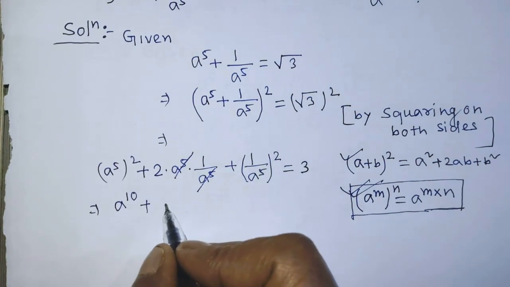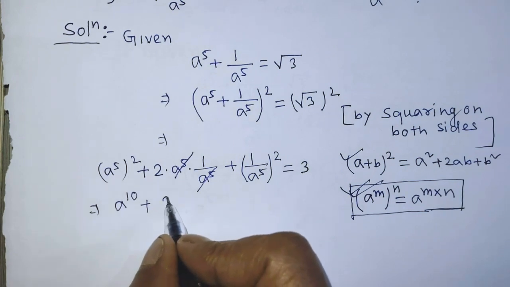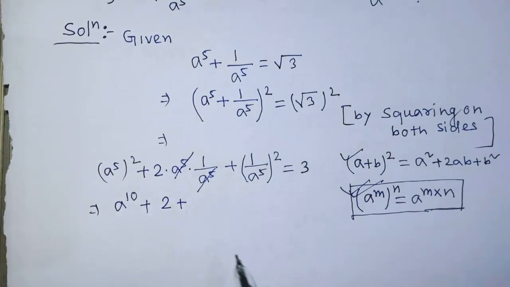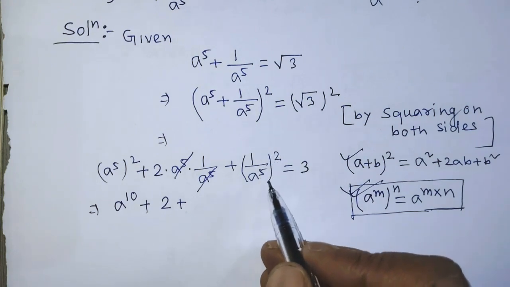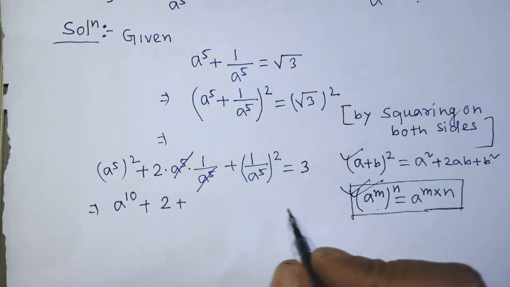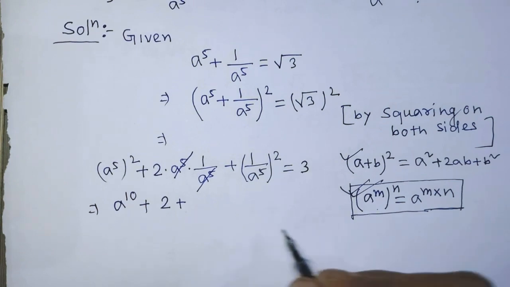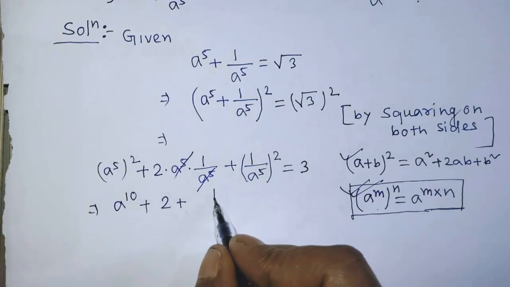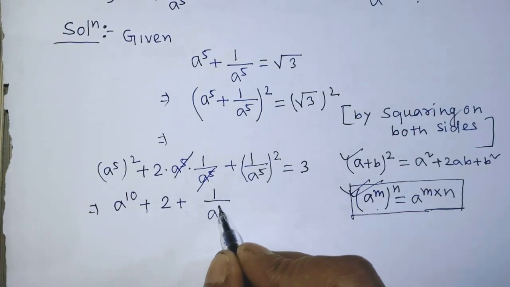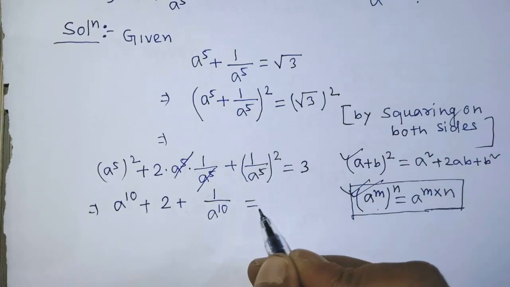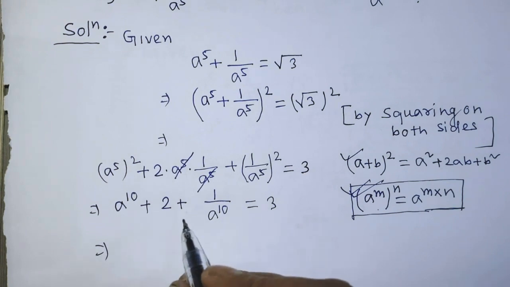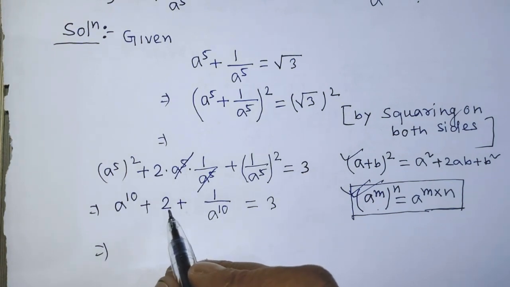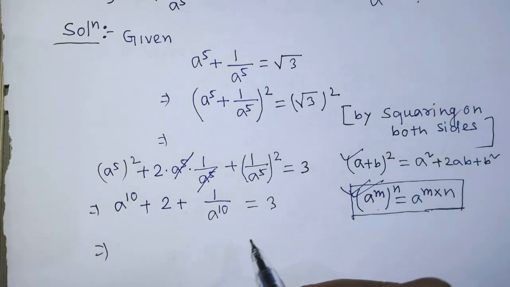So in the place of the second term we can write 2, plus similarly to simplify the third term of this equation we have to apply this formula. So according to this formula we can write 1 over a to the power 10 is equal to 3.